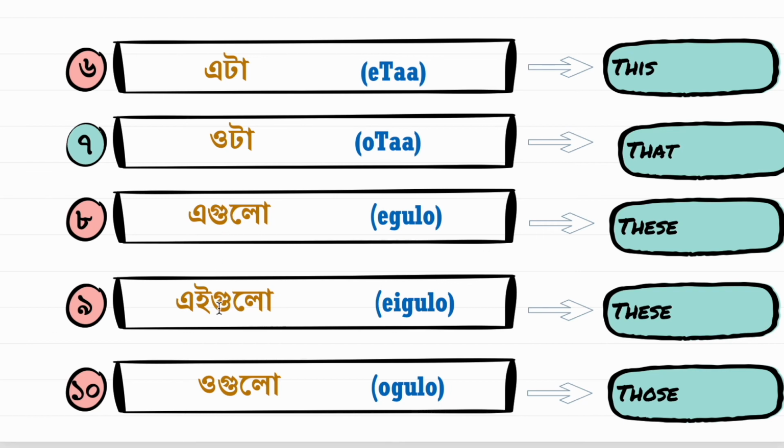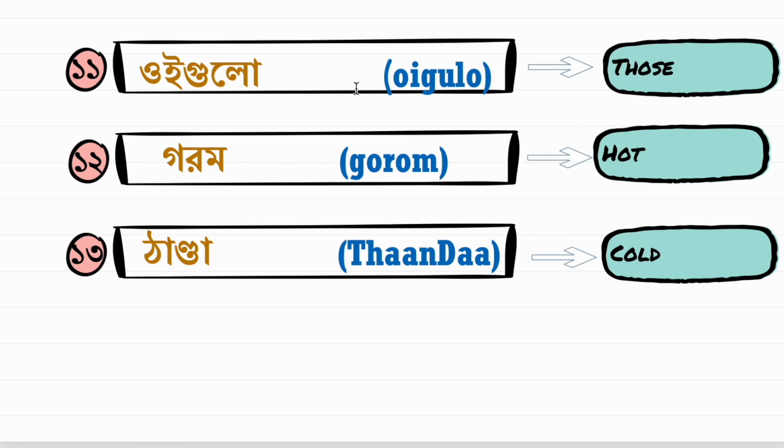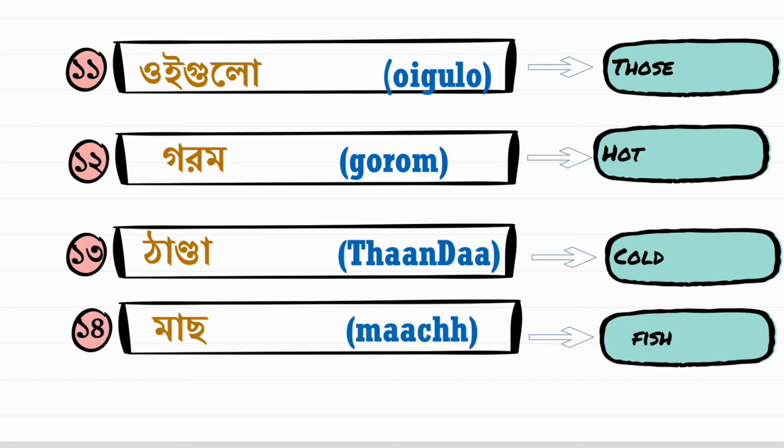So egulo and eigulo, these are the same words, but you are just pronouncing it in different ways. Ogulo means those. In the same way, oigulo also means those. Gorom, hot, thanda, cold. Mach means fish.